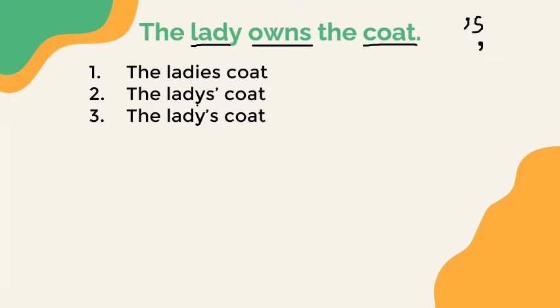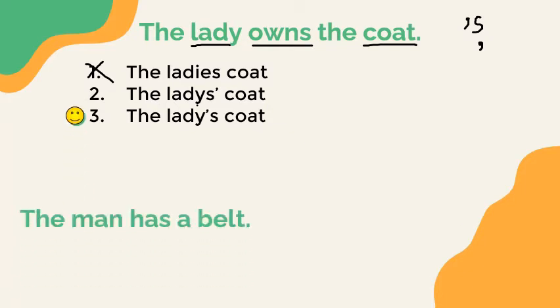So here, what do I add? Do I add apostrophe s or only apostrophe? I'm 100% sure that it's not ladies. This is not the right answer, because I do not have an apostrophe. There's no possessive here. What about s apostrophe or apostrophe s? Since it's singular, the right answer is number 3: the lady's coat.